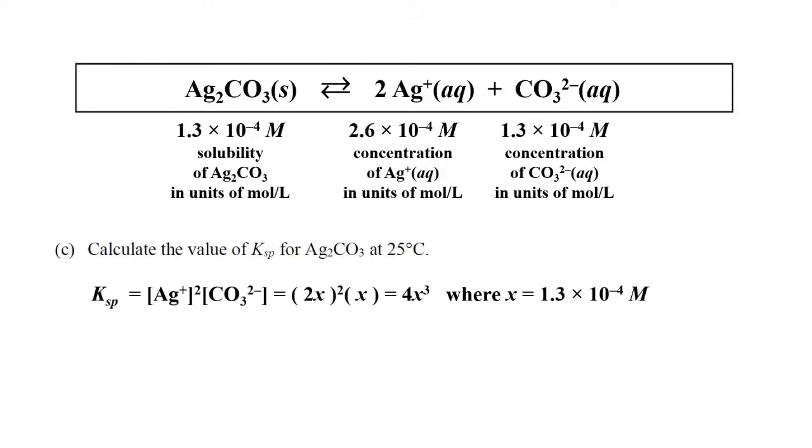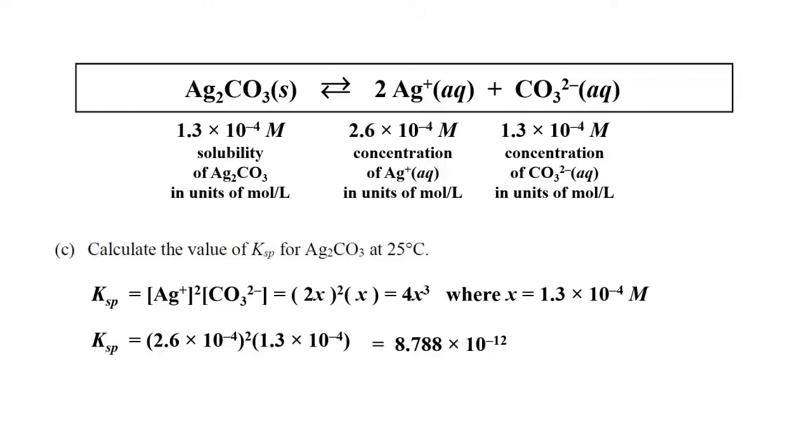So the KSP equals the concentration of silver squared times the concentration of carbonate. That's going to be 2.6 times 10 to the -4 squared times 1.3 times 10 to the -4. And when you do that math to calculate the KSP, you get approximately 8.788 times 10 to the -12.